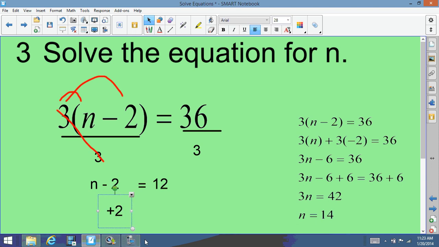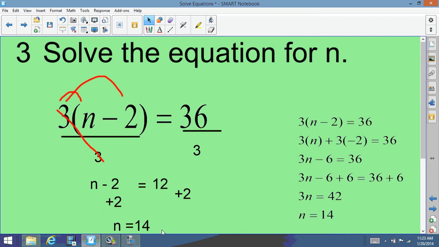If we add 2 to both sides, this will be a lot nicer equation to deal with. And we'll get our n equal 14 a lot faster. So you might like that method a little bit better by looking at it and dividing both sides. So that's a nice way of dealing with it. You get the same answer, but a lot less work.